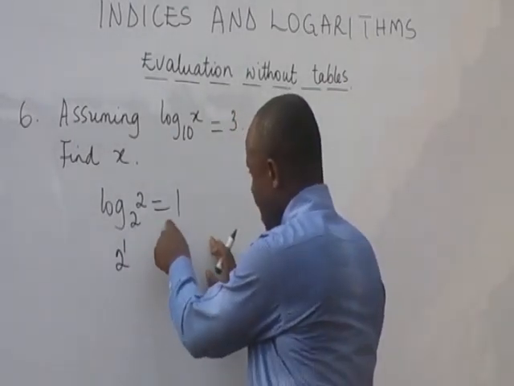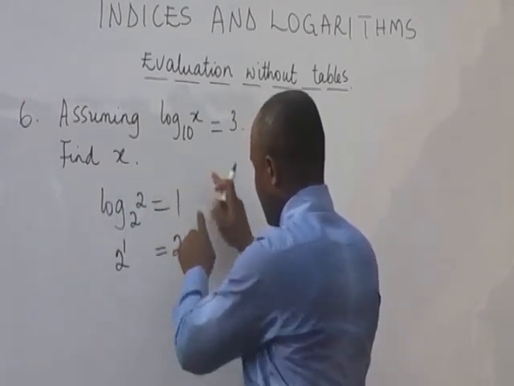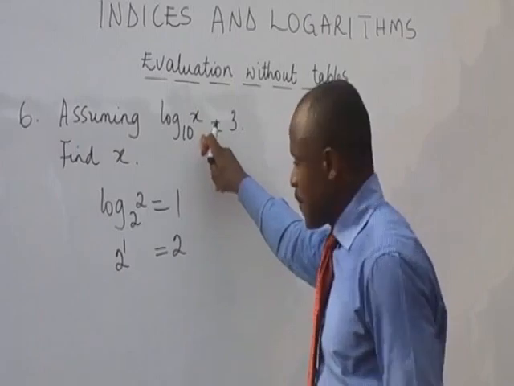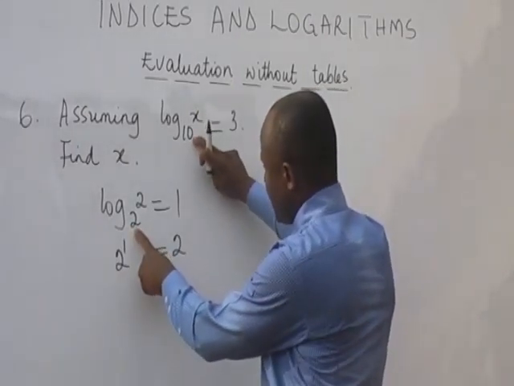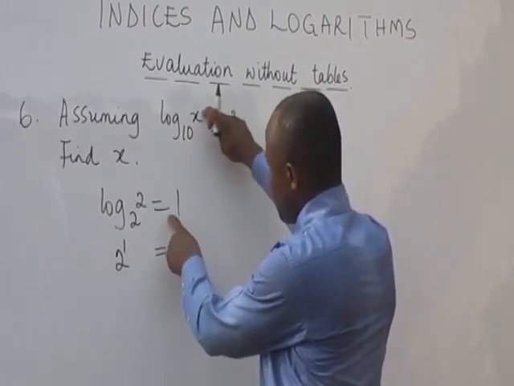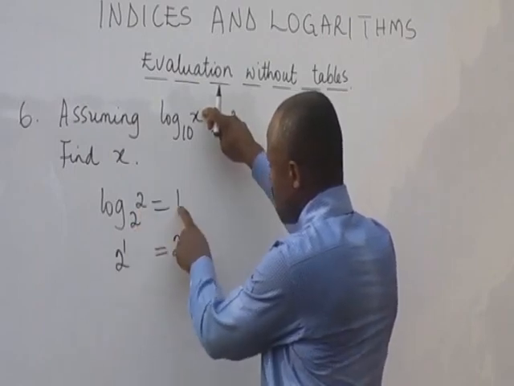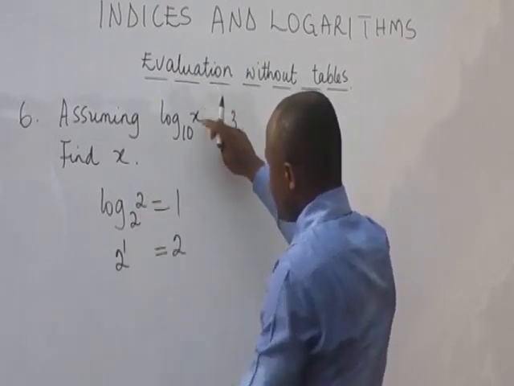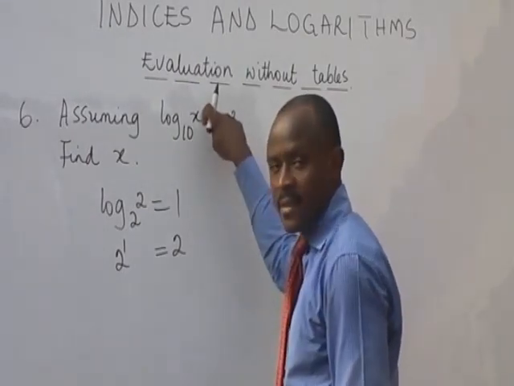This idea here now, take it to this. In this case, 2 is represented by 10, 1 is represented by 3, and this x is represented by 2. If 2 went to the exponent of 1 to get 2, that means 10 going to the exponent of 3 will give x.